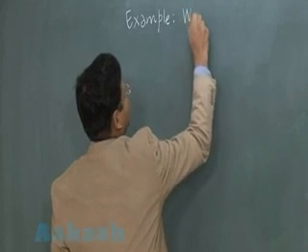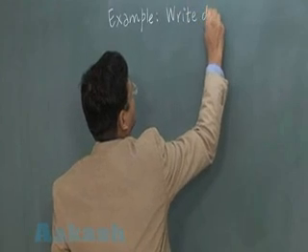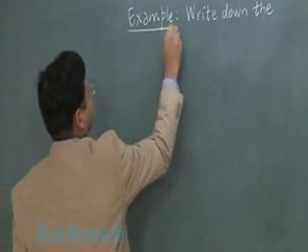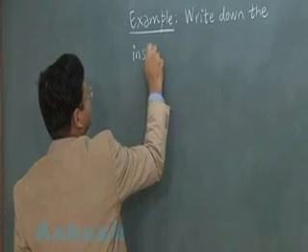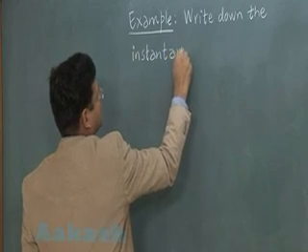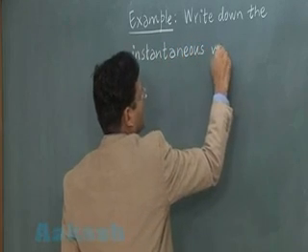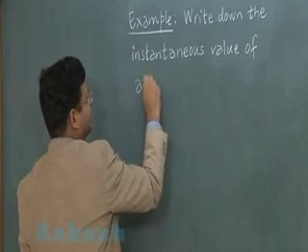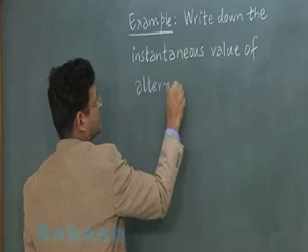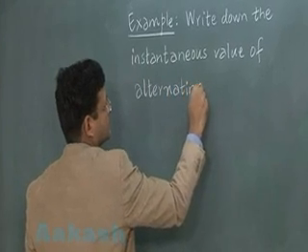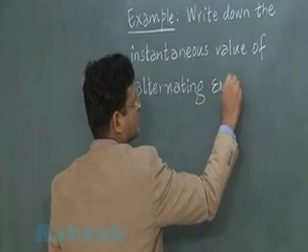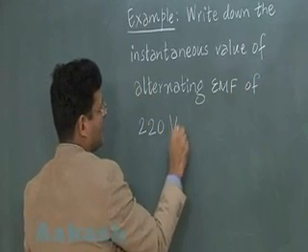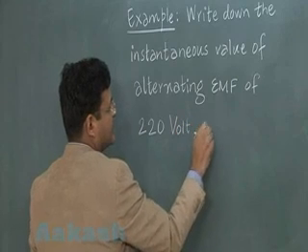The example demands that we write down the instantaneous value of an alternating EMF of 220 volt, 50 hertz.